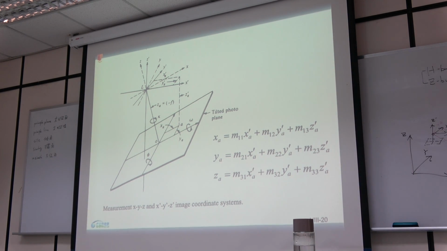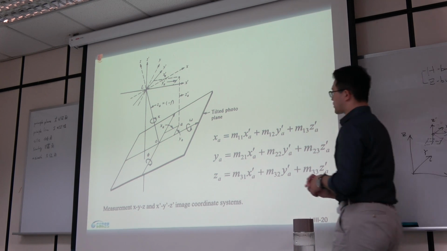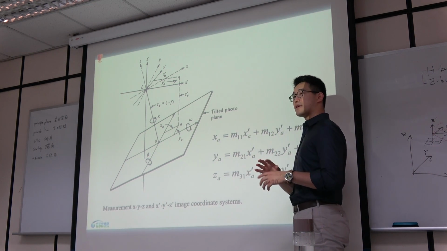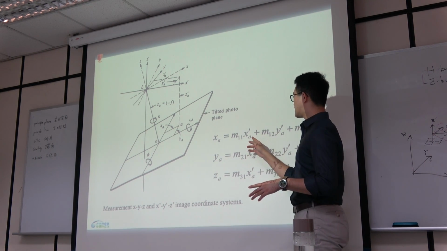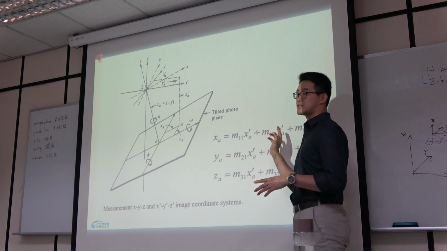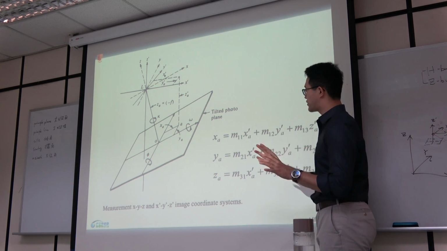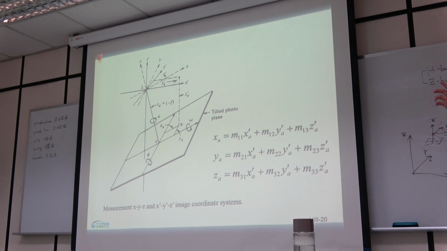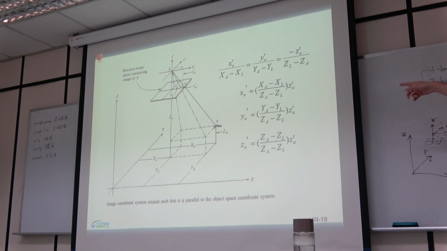In this case, what we are going to do next is, eventually what we want is x, y, and z. So we want to replace everything that is x plot, y plot, or z plot. In the earlier page we have the x plot, y plot, and z plot.